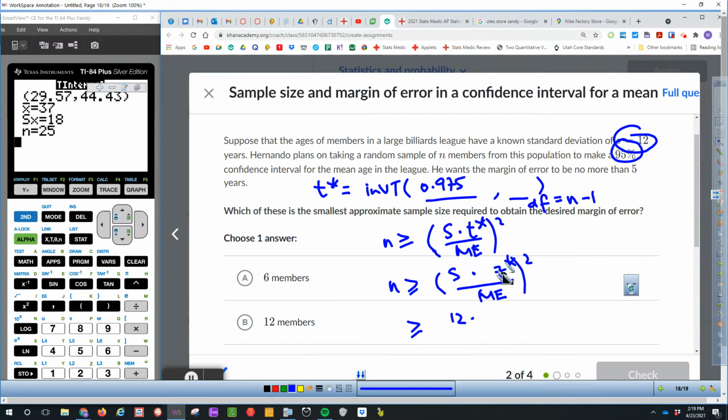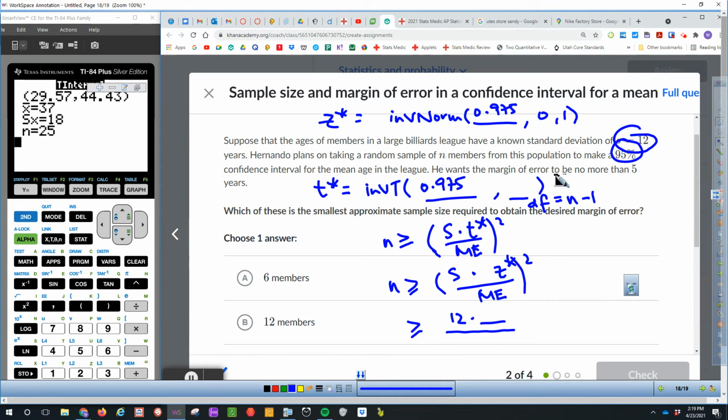Z star is for 95% confidence level, so we use inverse norm with area to the left 0.975, mean 0, standard deviation 1. Whatever value you get, you put it here and divide by ME.